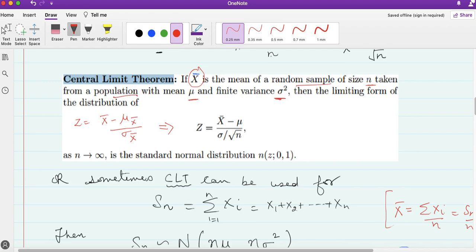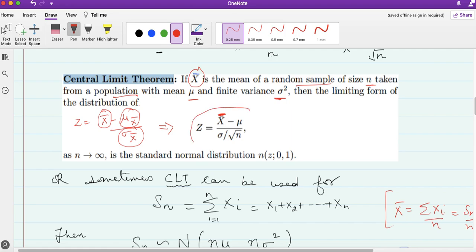Then the limiting form of the distribution, when we convert it into z, is z equals the variable, here the average, minus its mean, divided by the standard error. So when I want to solve my problem over x bars, the formula is z equals x bar minus mu upon sigma upon root n, right?